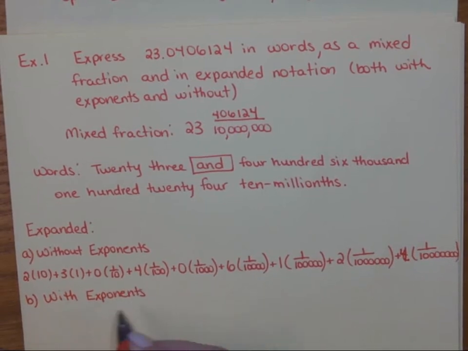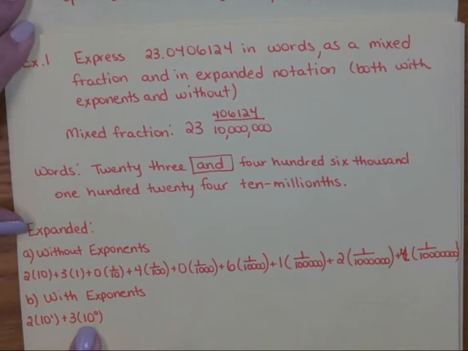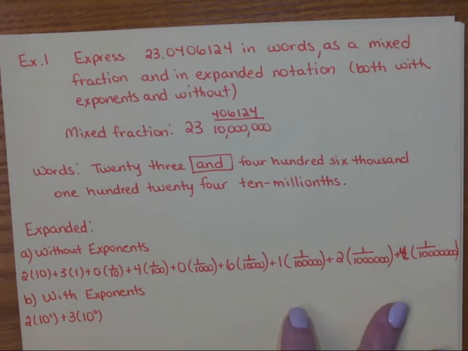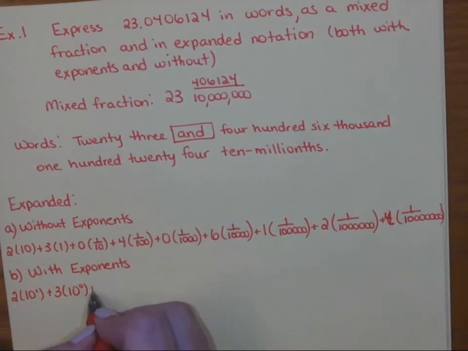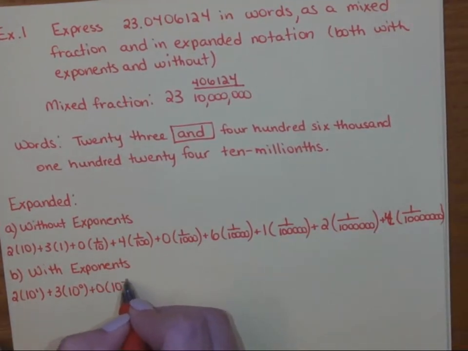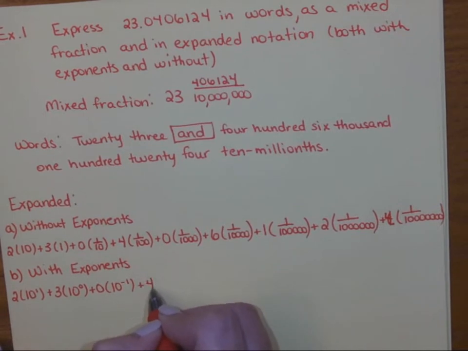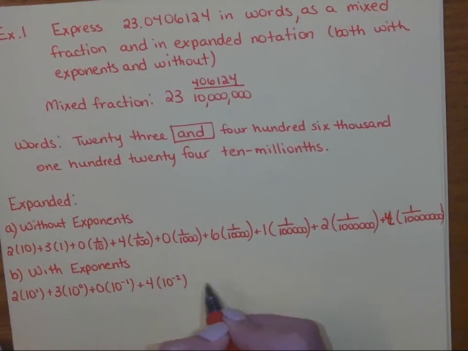So with exponents, that would be 2 times 10 to the first, 3 times 10 to the 0. The ones place is always 10 to the 0 power. Anything to the 0 power, in fact, is equal to 1. That's the one that usually trips people up. We have a 0 in the 10 to the negative first spot, and then we'll just count from there.